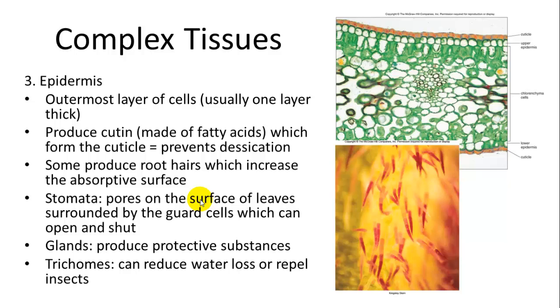Some of them also produce glands, which produce protective substances, or even substances which make the plant unpalatable for other things to eat, or may even produce a poison which affects things which may attack it. Trichomes, or small hairs, can also be produced, and that's what we have here. These can also help water attach to them to keep water from being lost or to attract water. They can also prevent insects from getting to the more meaty parts of the leaf.